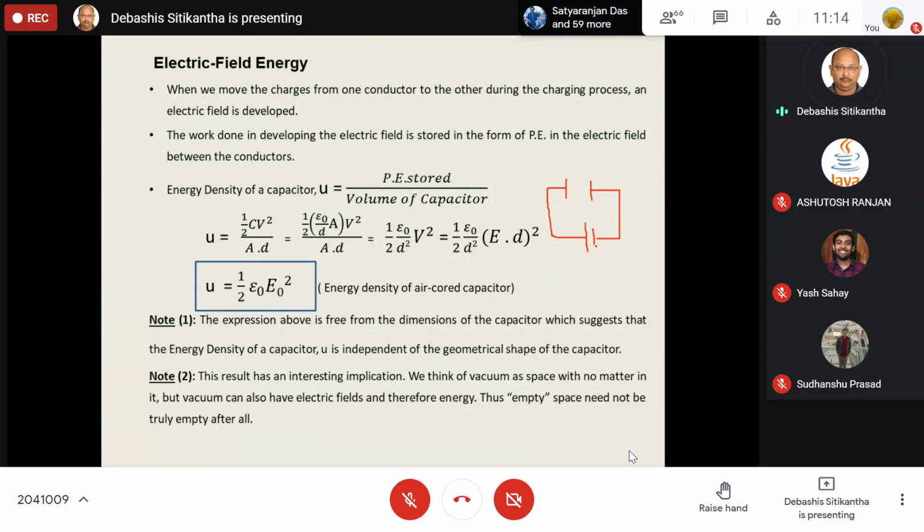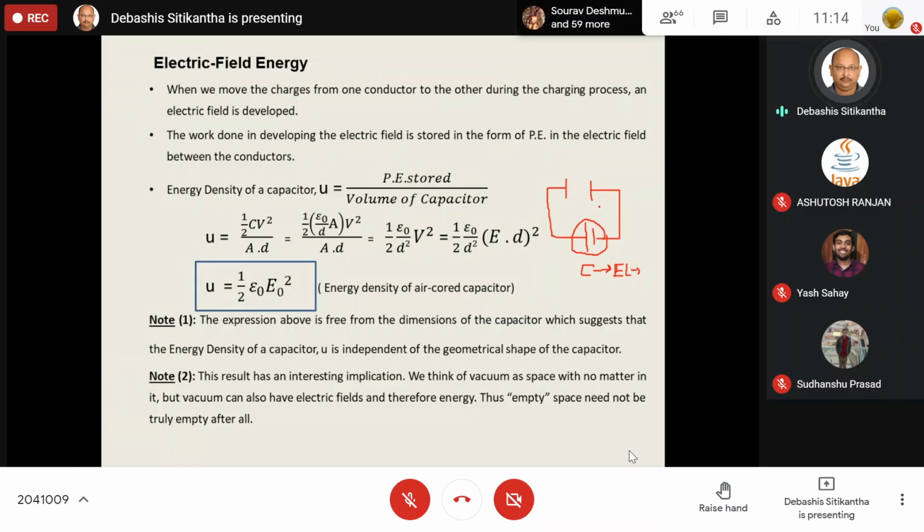Now what happens? Inside this battery, some chemical reaction is taking place. This chemical reaction is converted to electrical energy, and this electrical energy is transported to this capacitor through the conductor. And as you all know, energy changes from one form to the other.